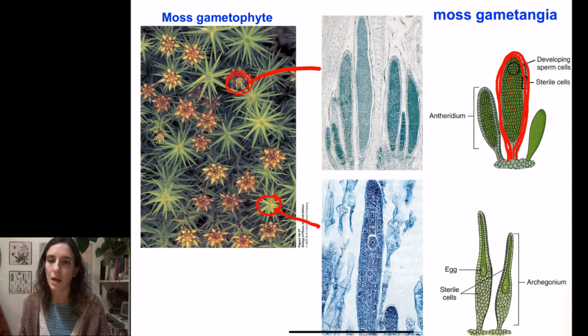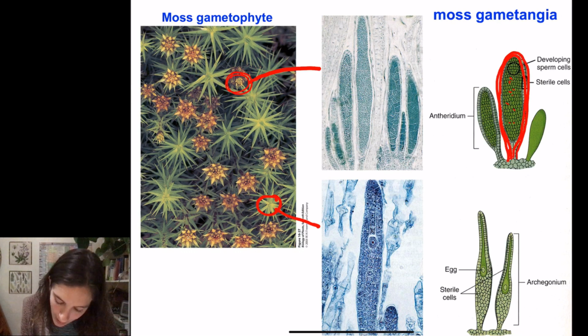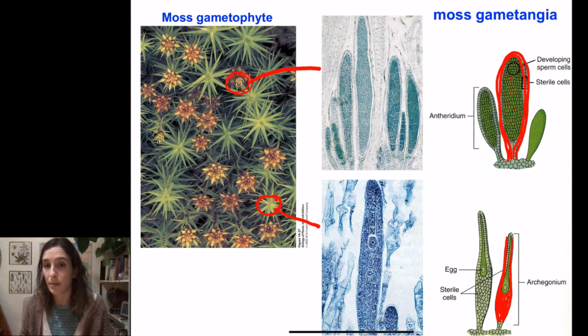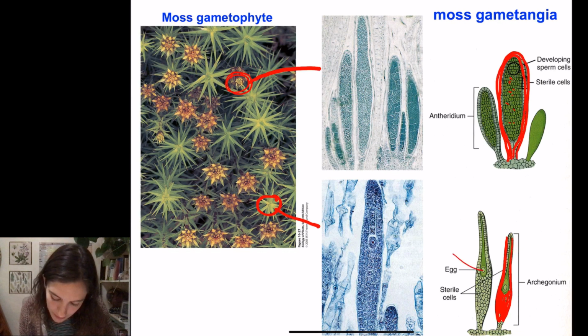They're also haploid, but they're not going to become sperm cells. The archegonium also has a sterile layer of cells that's not going to become anything sexual, all haploid. And then the egg is inside of that, in the archegonium. So the archegonium is sort of the female, and the antheridium is sort of the male.